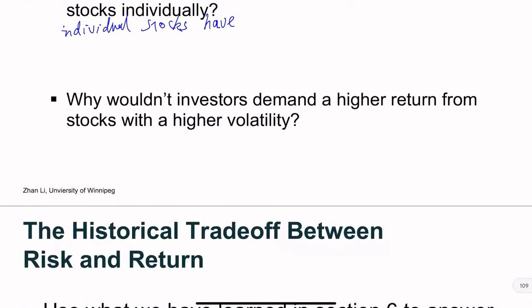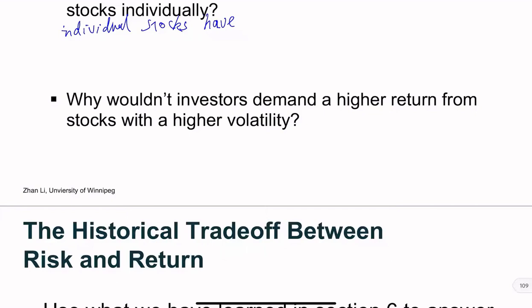So now we have this question here. Why wouldn't investors demand a higher return from stocks with a higher volatility? Well, for an individual stock, volatility is a measure of total risk. It contains both systematic risk and firm-specific risk. However, an investor should only demand higher return from bearing systematic risk.